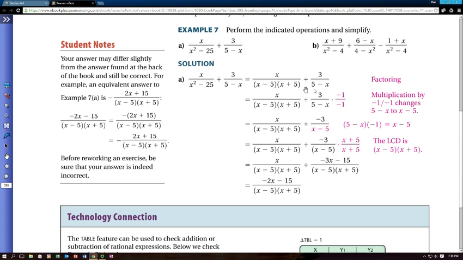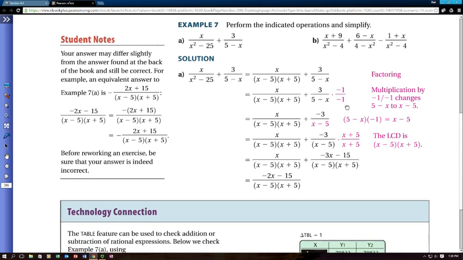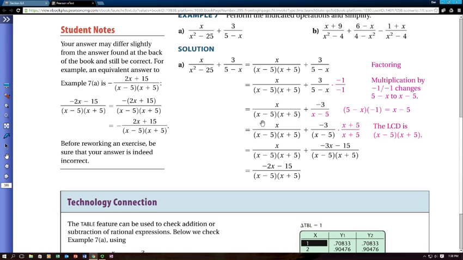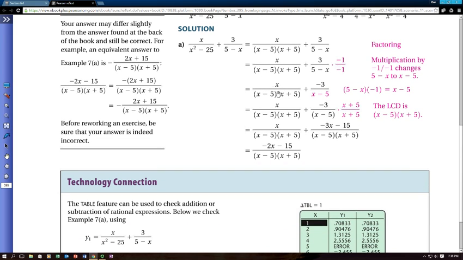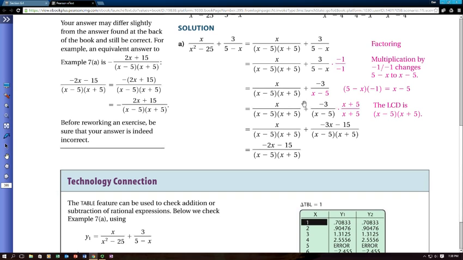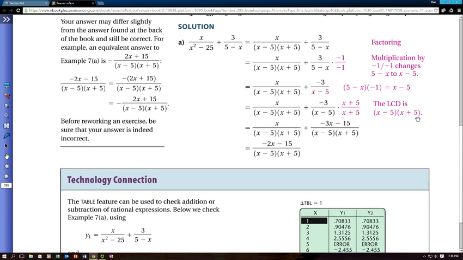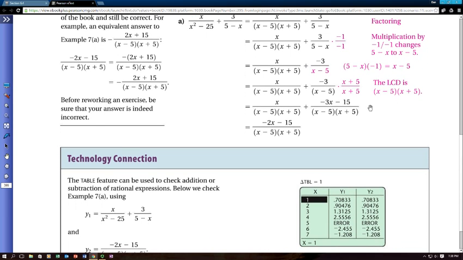Then I go, hey, these two are very close. In fact, they're opposites of each other. I could multiply this thing by negative 1 over negative 1, and I'm going to create a less complicated LCD. So that's a good strategy again. So then we have the LCD is really x minus 5 times the quantity x plus 5. And then make sure you don't lose your negatives here after I multiply by that.